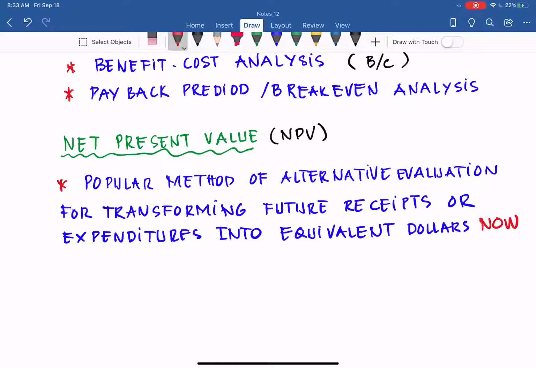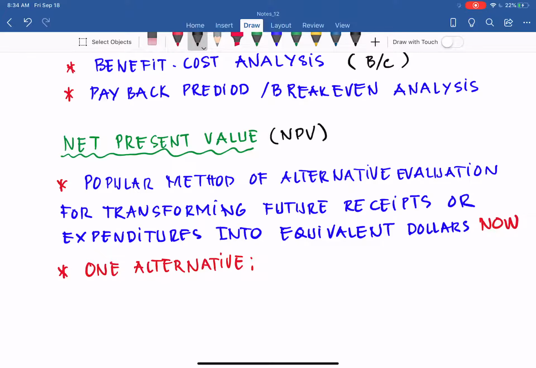Now, what if we have only one alternative? If for one alternative, then it will be attractive depending on the net present value of that alternative.